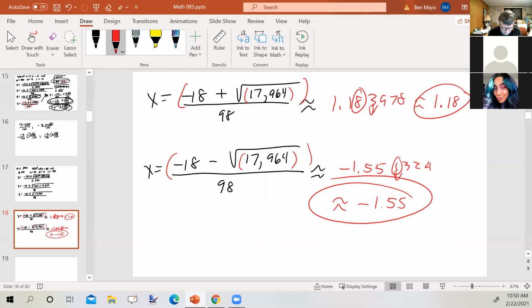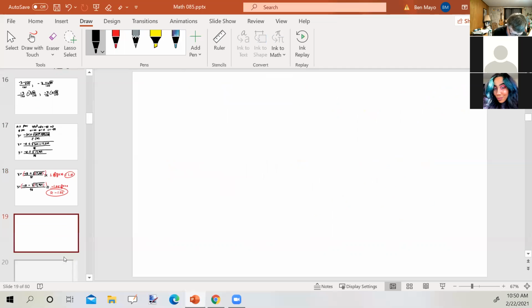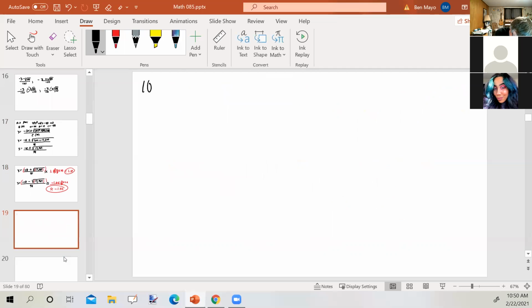Okay, then we're going to go on to the last part of section 10.2. So this is 10.2 part 2, and we're going to be looking at some application problems. One of the things I want to talk about, and let's review it quickly, is the Pythagorean theorem.